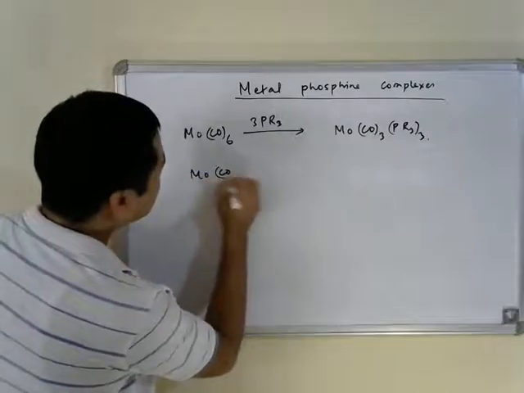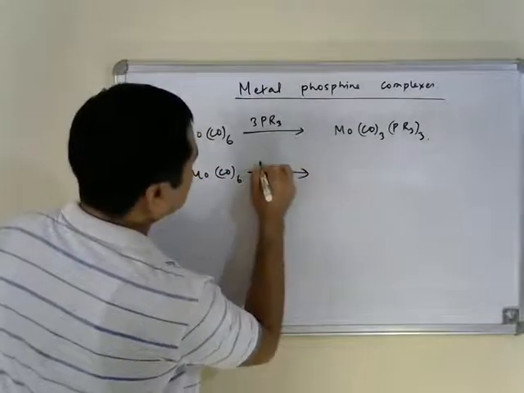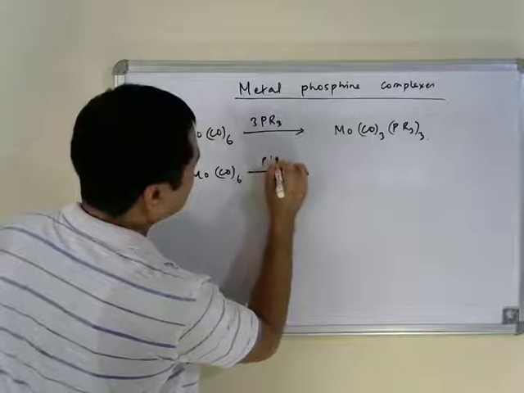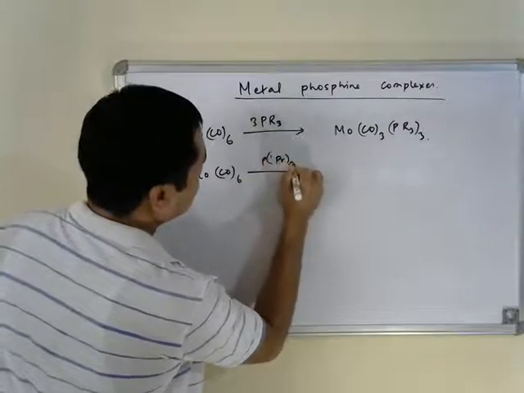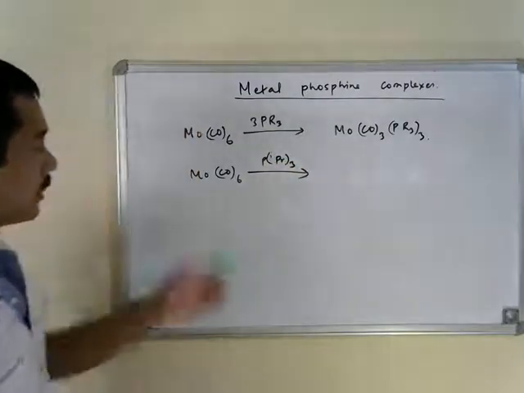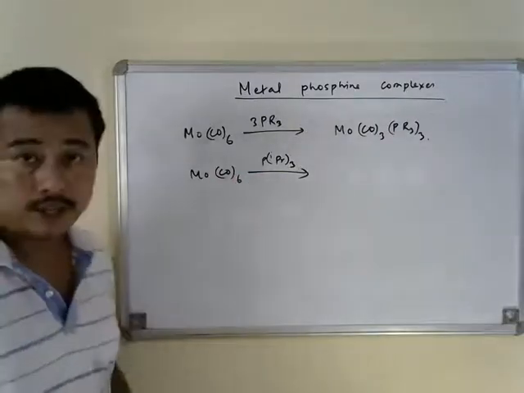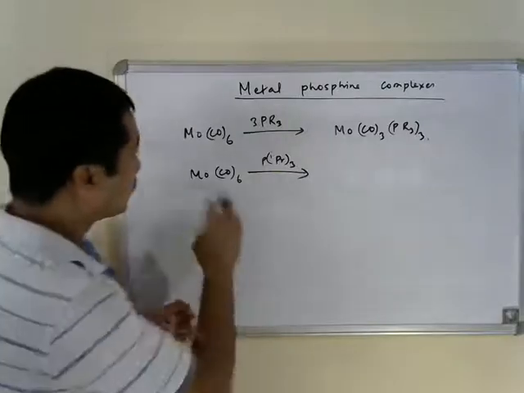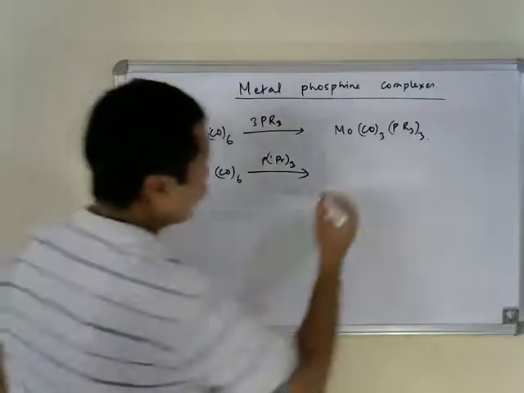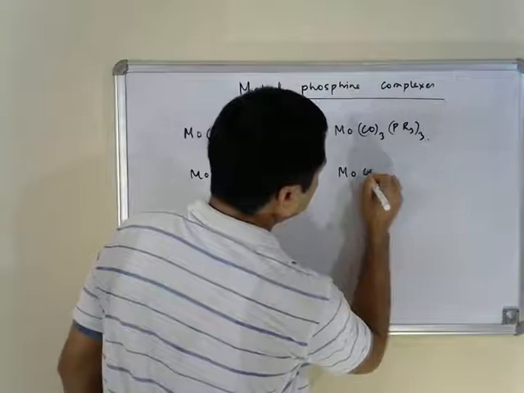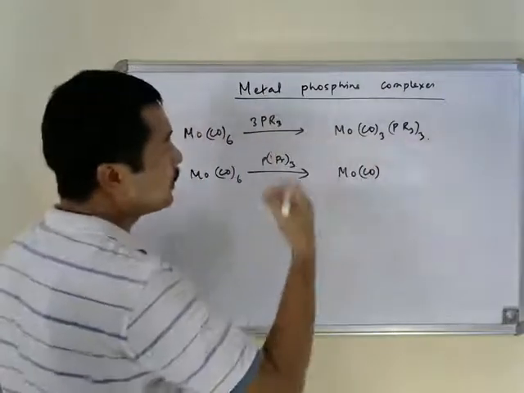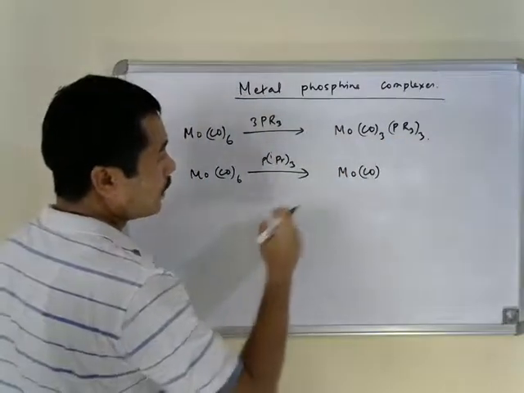but when you use sterically bulky phosphine ligands, so for example, if we use triisopropylphosphine, where isopropyl is a quite bulky group with a large Tolman cone angle, in this case we will not have 3 phosphine ligands in the resulting complex.